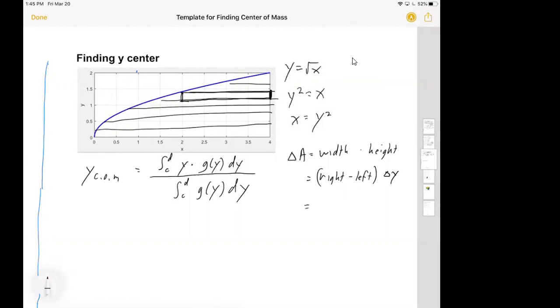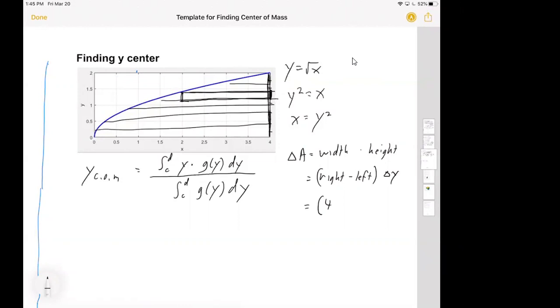So if we look at this, every one of the right-hand sides is bumping up to 4 units. So no matter where we are, if we draw horizontal rectangles anywhere within the region, the right-hand side would always be over here at x equals 4.